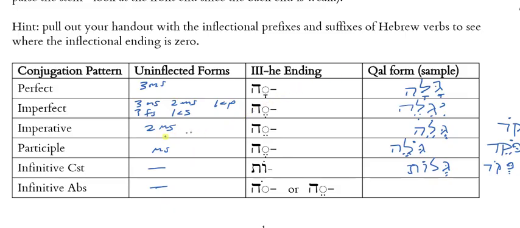Finally, for the infinitive absolute form, we will get after root 2 either holem hey or sere hey, and it really depends on the stem at this point. So I'm not saying that the qal stem could take either of these. Some stems take holem hey, some take sere hey. The qal form takes holem hey.